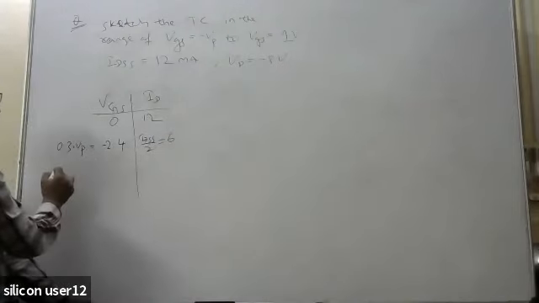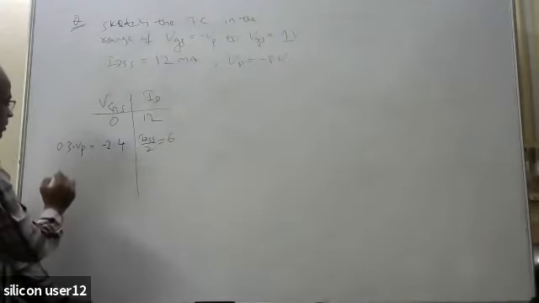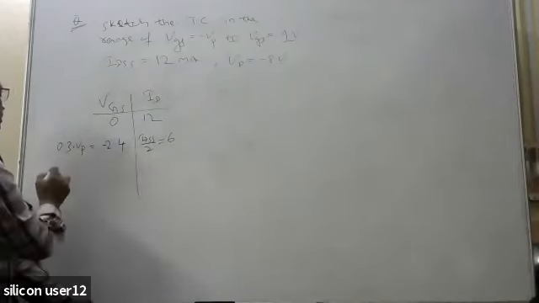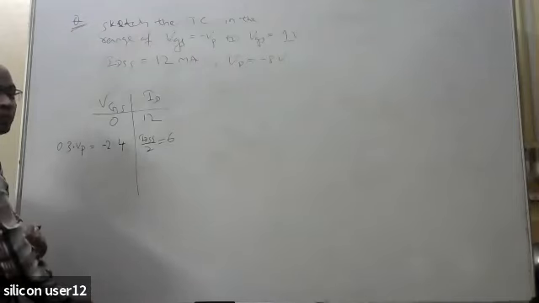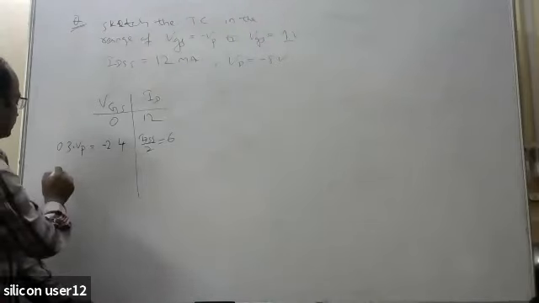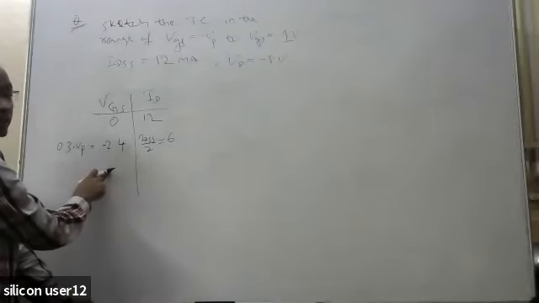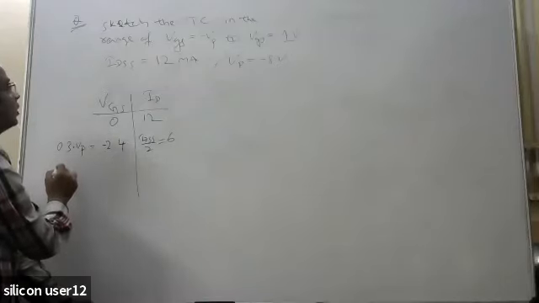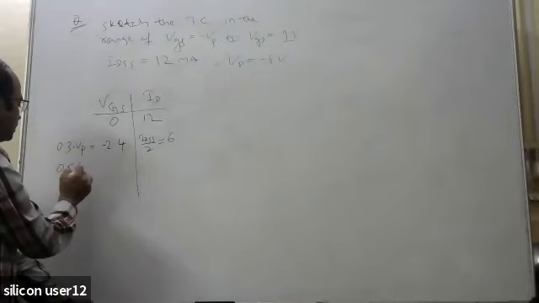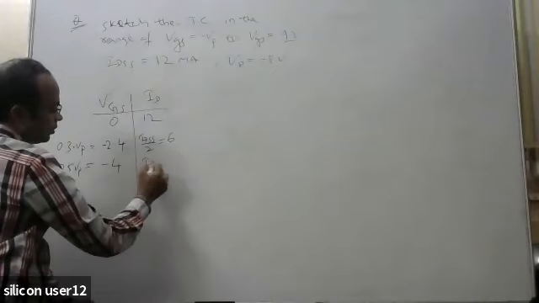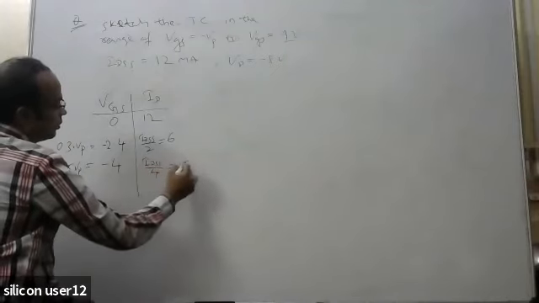Okay, so next one is, where will we take this reading? Tell me. How much to take here? -4, sir. Yes, -4. It is 0.5 Vp, or equal to -4, and it will be equal to 3. 3.